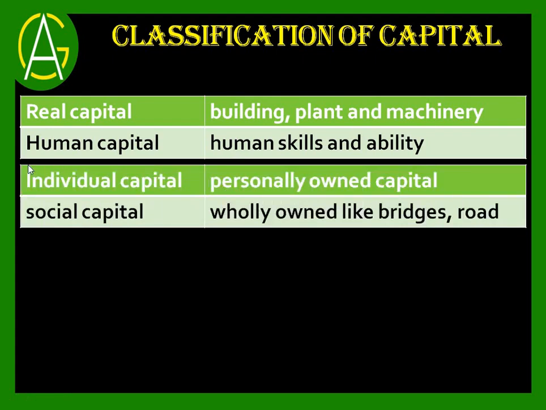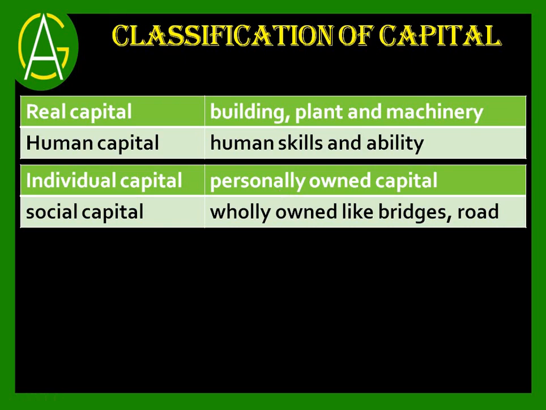Next comes individual capital and social capital. Now individual capital means the capital which is personally owned, the things on which one person can establish the ownership will be considered as individual capital. Now you can say that this is my house, this is my room.